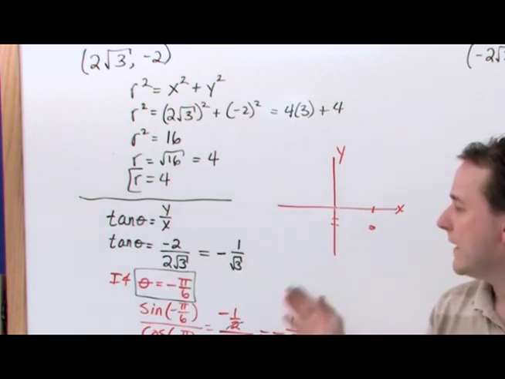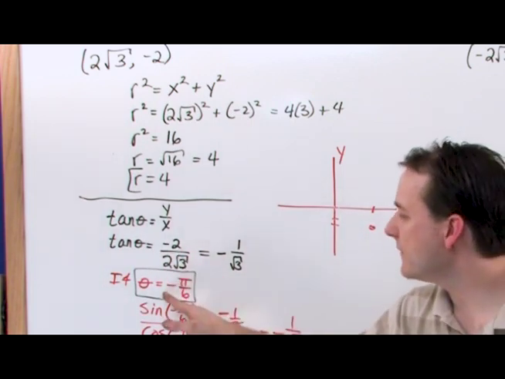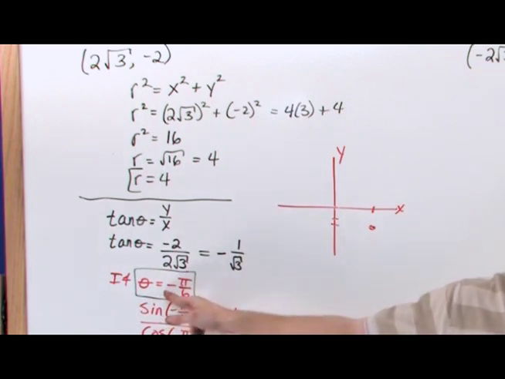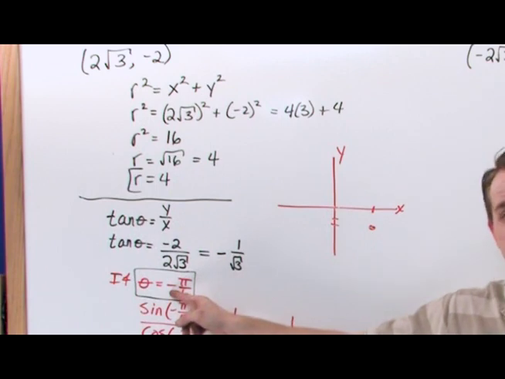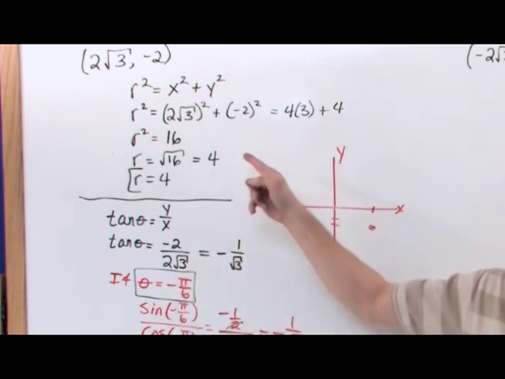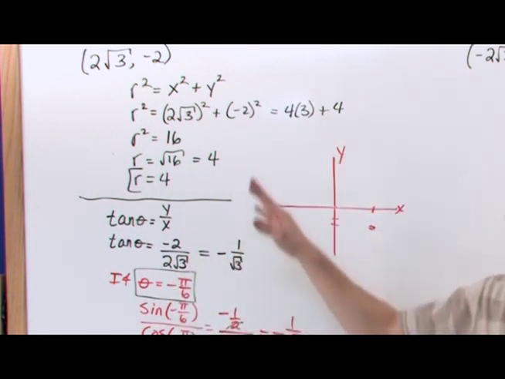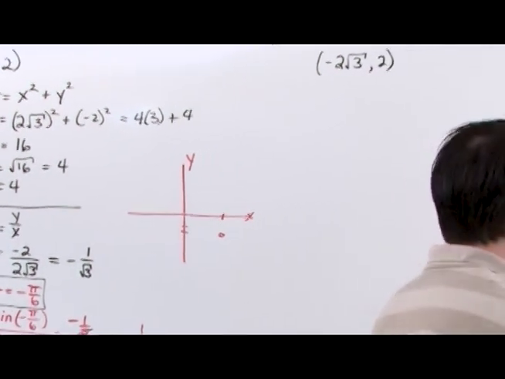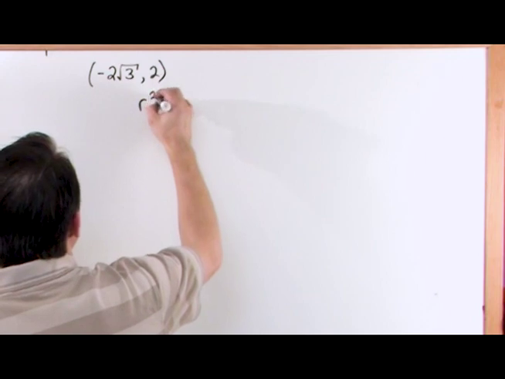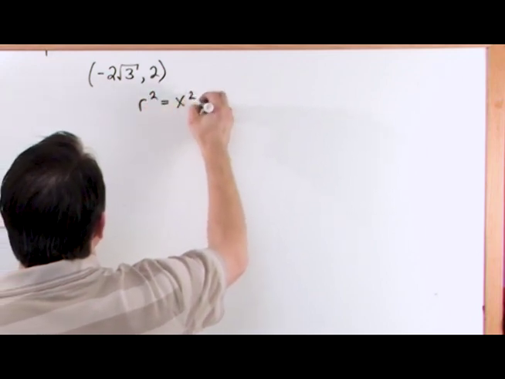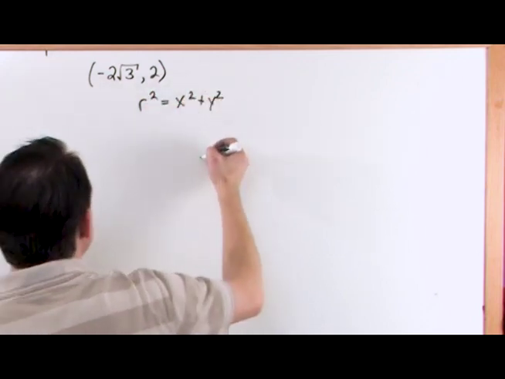So you're going to be tempted to calculate the same angle, all I'm trying to get at here. But you're going to see as we go through it that this angle is actually not correct for this problem. It's correct for the previous problem, but not for this one, even though really the math is almost the same. So let's do that. That's sort of a prelude more than anything else. To find r, r squared is equal to x squared plus y squared. Okay?